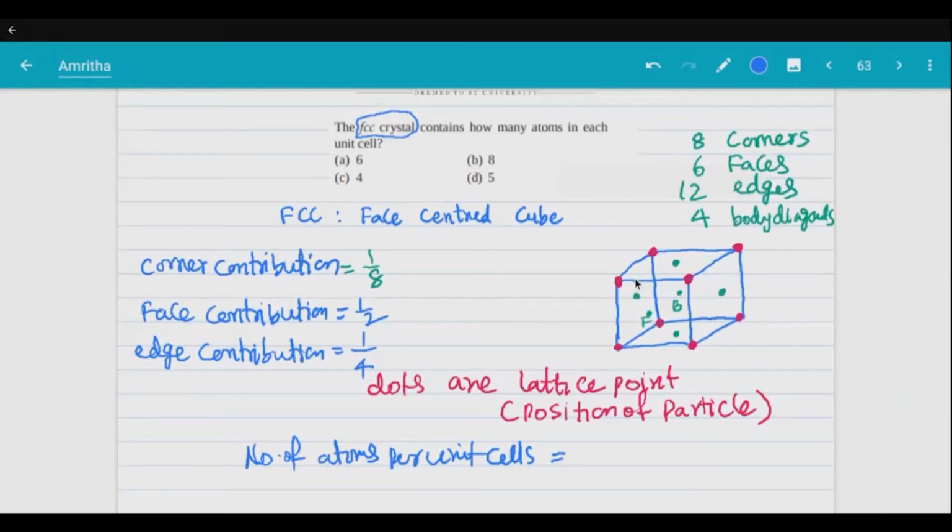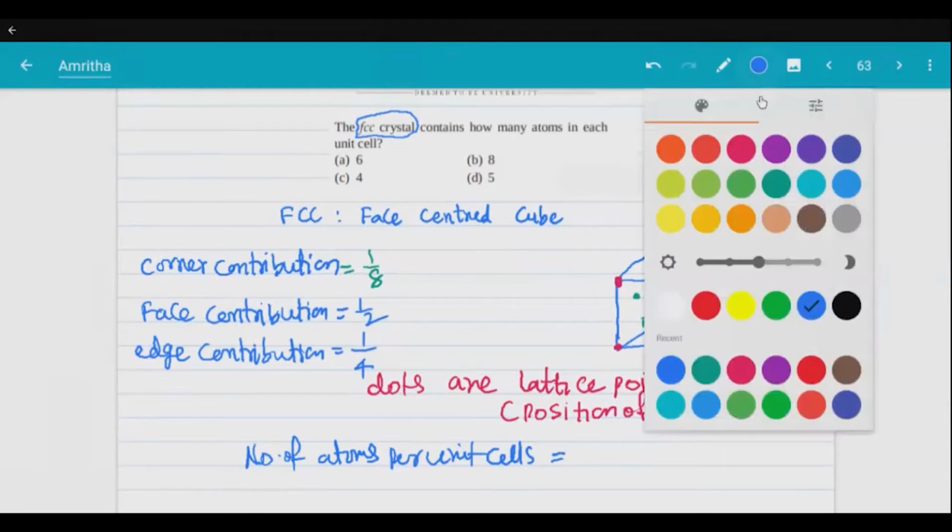14 are positions. Okay, but if you place an atom there, it does not belong to that particular unit cell only, it can be shared. That's why I mentioned these dots are lattice points. If you place any particle there, that is common for other unit cells also. So that is what we did here, corner contribution.